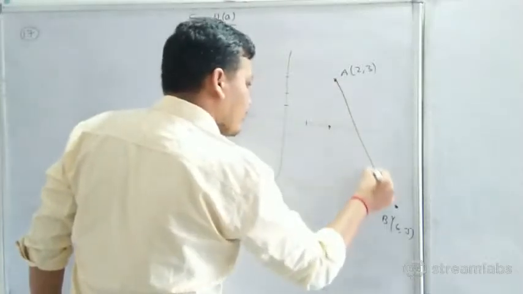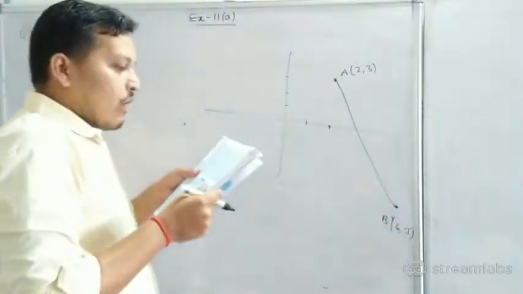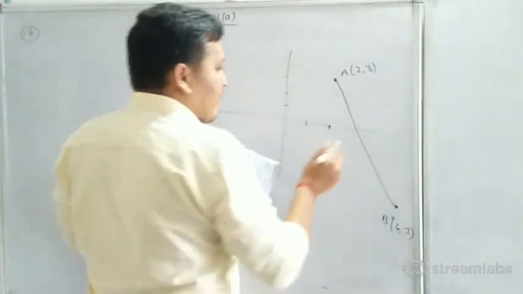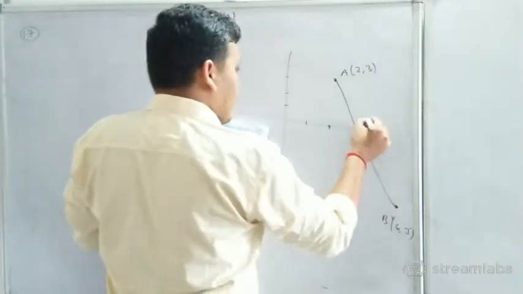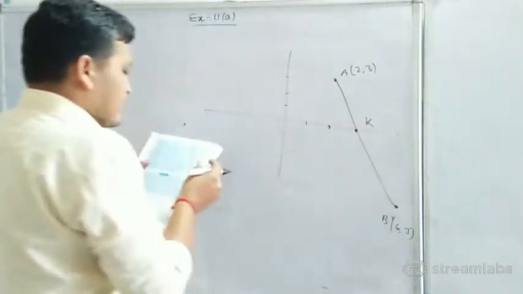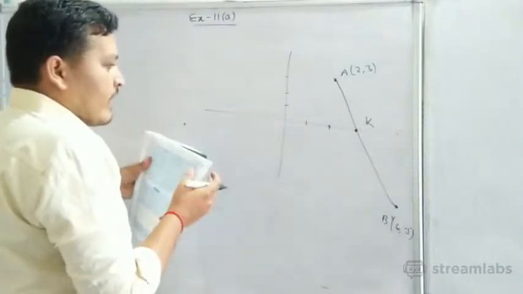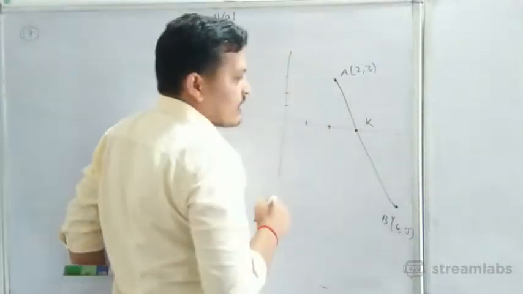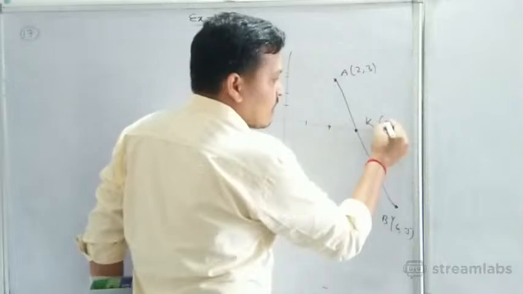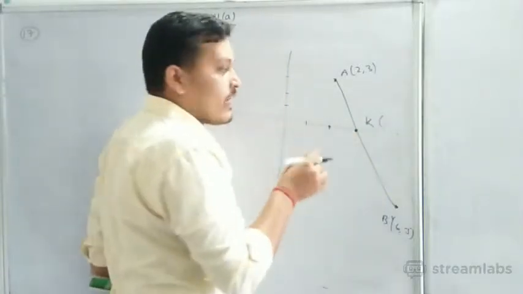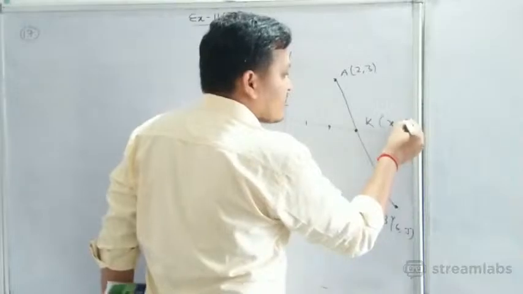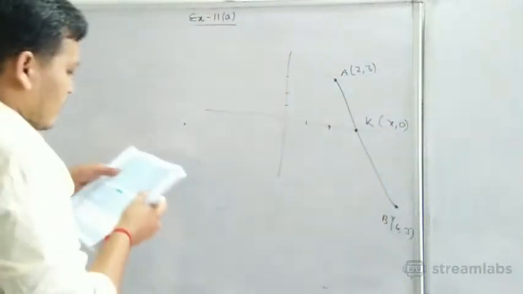Now join both points, and they are intersected by the x-axis. Here they intersect at point K. The question is to write down the ordinate of the point K. First, what is the coordinate of K? It is a point on the x-axis, and you know that a point on the x-axis is (x, 0).